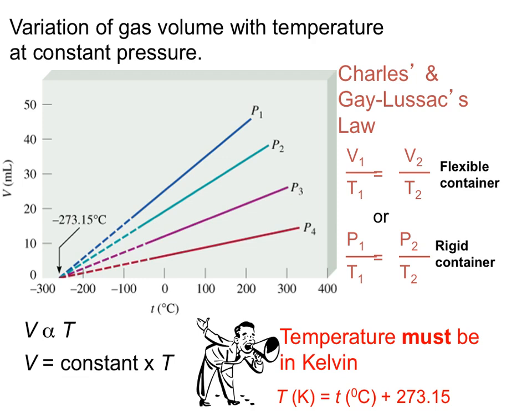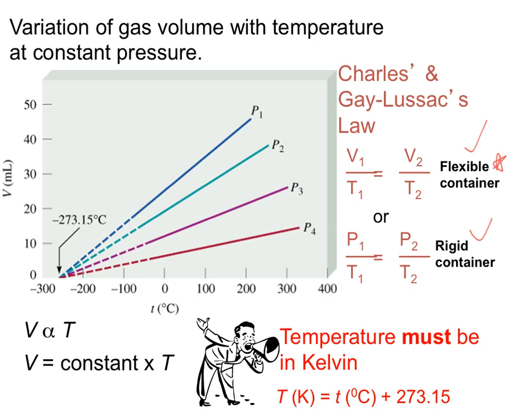So on this slide we have Charles's and Gay-Lussac's laws. If we look at Charles's law, I want you to notice that there's no pressure value. That's because this is related to a constant pressure situation. So basically an open container, or more precisely, a flexible container, one that is going to expand or contract and not alter the pressure of the situation that's being observed.